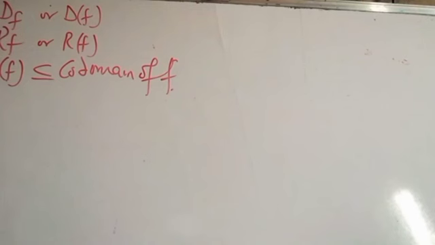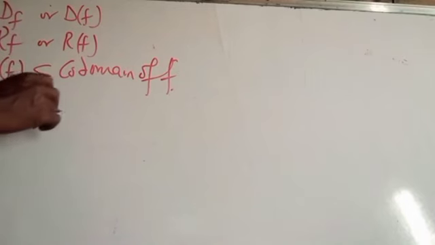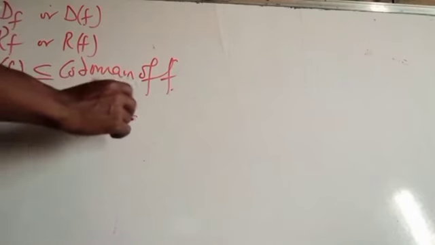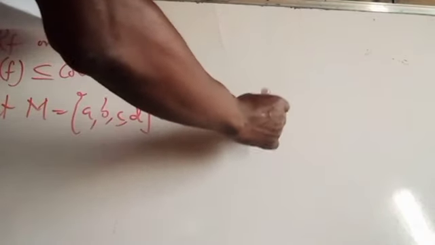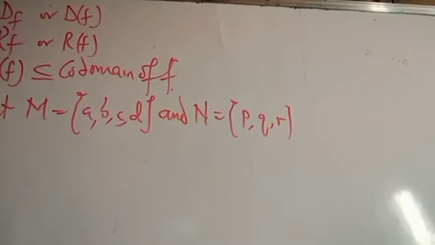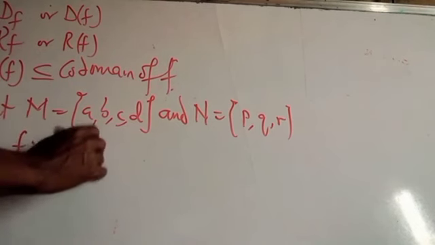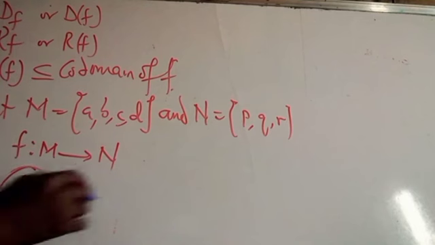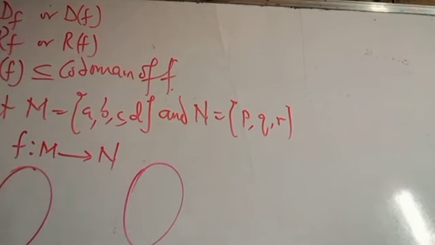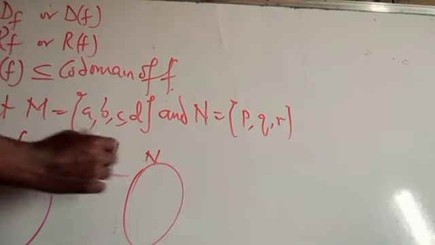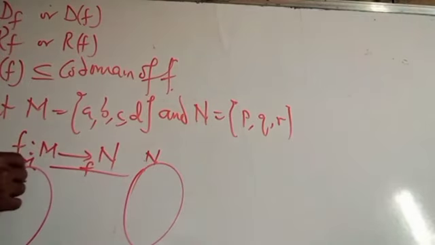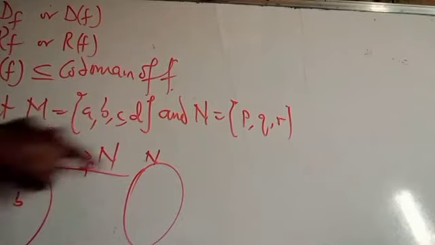Now let us consider these instances. Let M be a set of A, B, C, D, and N be a set of P, Q, R. Now note, for f taking M to N, let's look at this graph. We have M here, we have N. This is the function in between them, which is the vehicle carrying elements from Lagos to Ibadan.